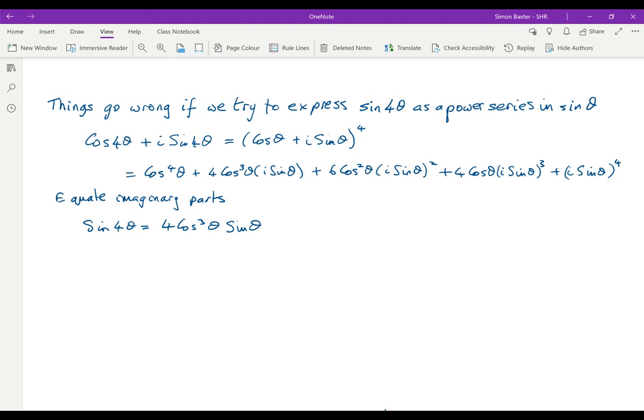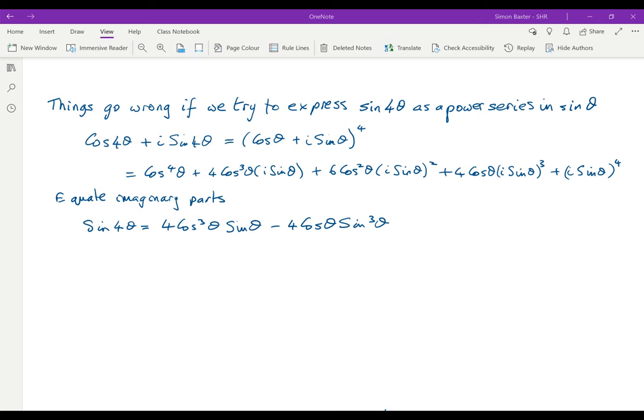And the next term, which is imaginary, is going to be minus because it's I cubed, 4 cos theta sine cubed theta. So there are my 2 terms, I times 4 cos cubed sine, and this one is I cubed, which is minus I, giving us minus 4 cos theta sine cubed theta.